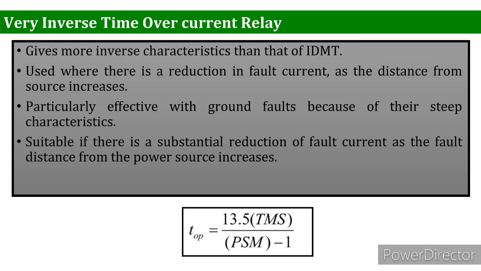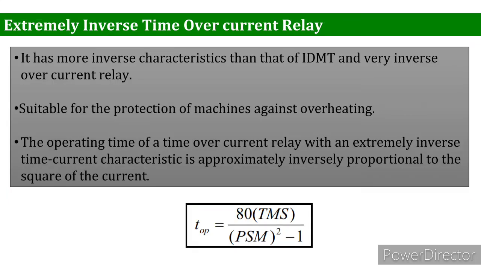Along with that, it is also used when the fault current is independent of the normal changes in generating capacity. One more type is the extremely inverse time overcurrent relay. The difference is it has a more inverse characteristic than that of IDMT and the very inverse overcurrent relay. It is suitable for the protection of machines against overheating, you can also say overloading.